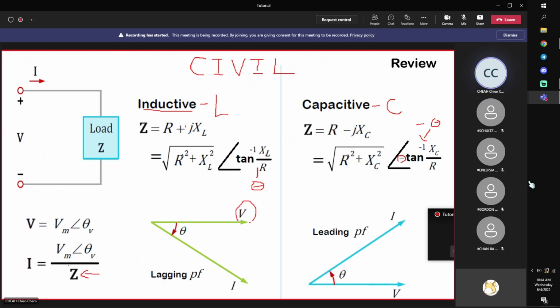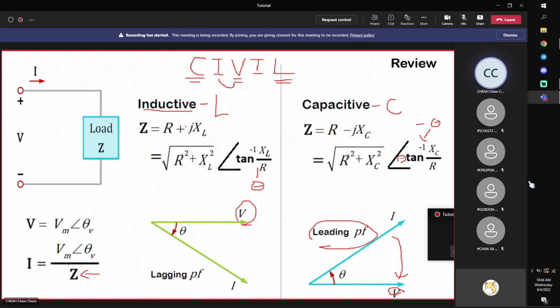My voltage is my reference. For capacitive, I lead V, leading power factor.